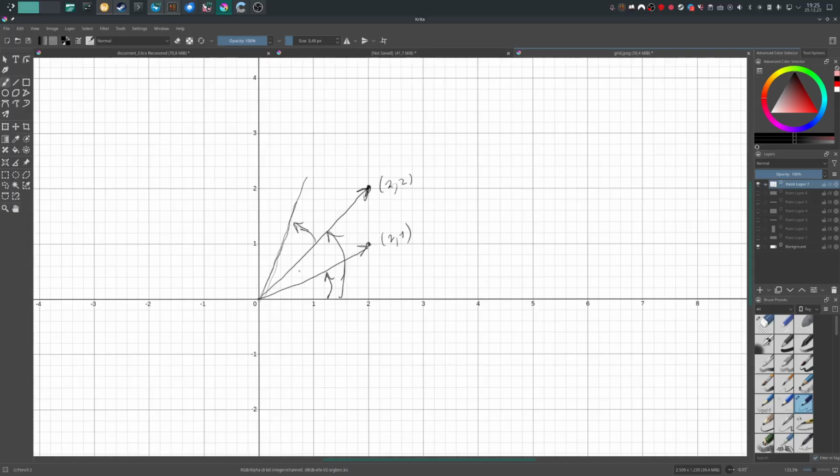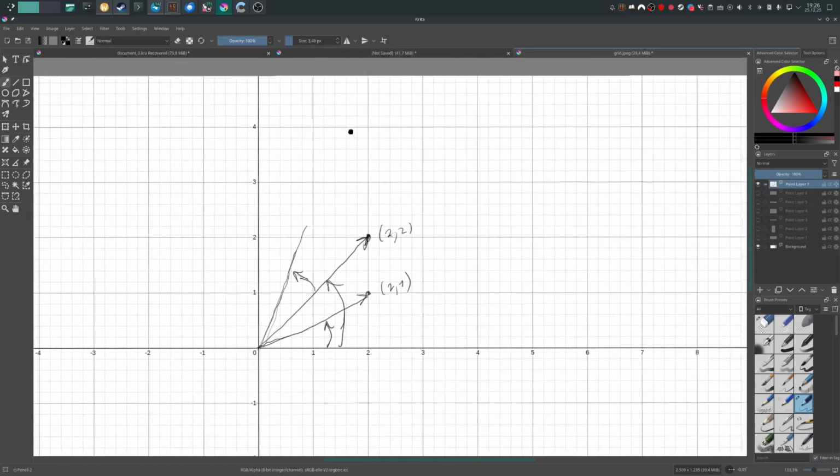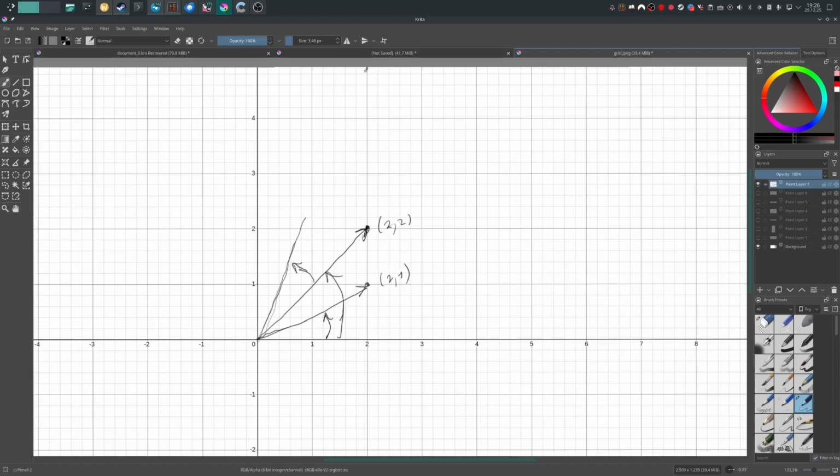How far? Well, this is the length of the first one times the length of that other one. So it will probably go up to here.